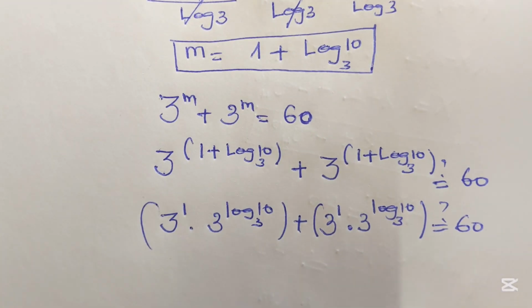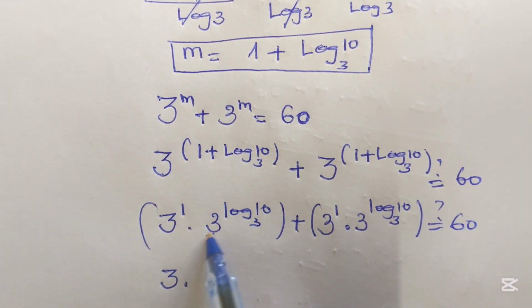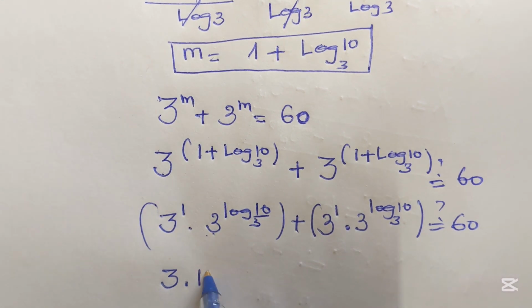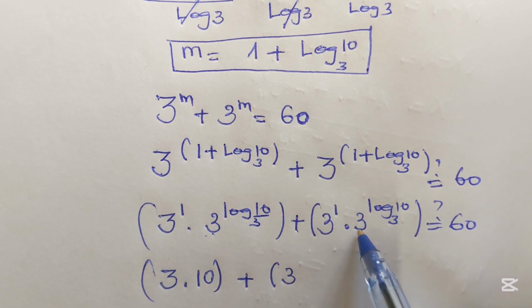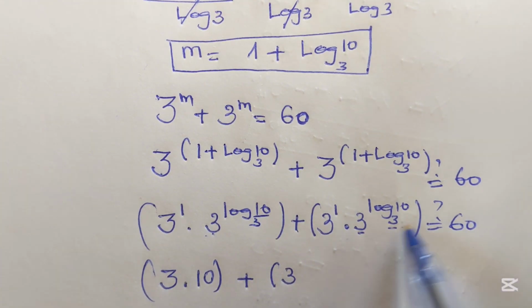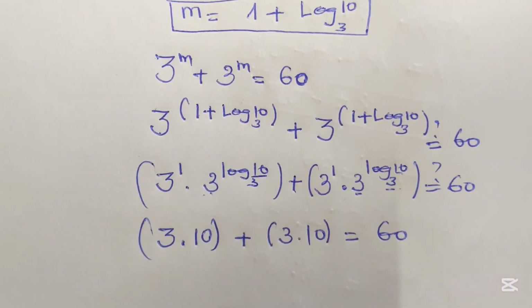This is 3, of course, and with the same base the answer is 10. We have bases which are equal, meaning that the answer is 3 times 10 equals 60.